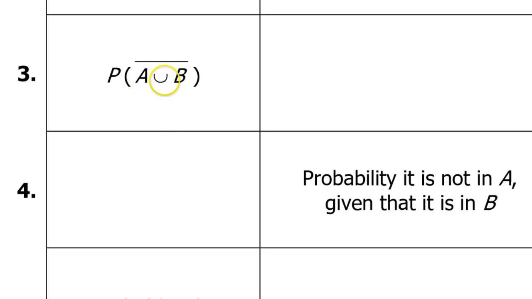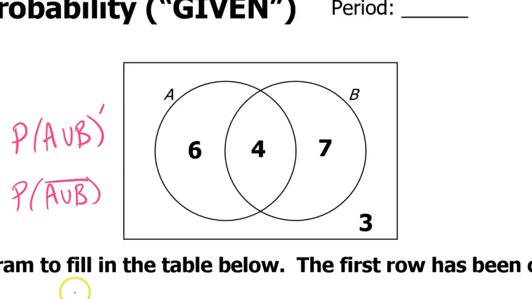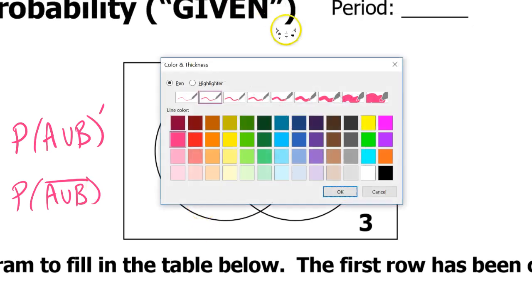So this is another way to mean the probability of not being in the set A union B. So we're talking about the probability that it is not in A or B. So basically these two things mean the same. So where is the space that is not A or B? So we're talking about everything that is going to be outside of A or B.